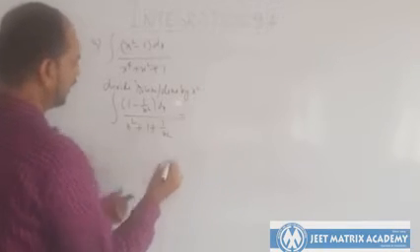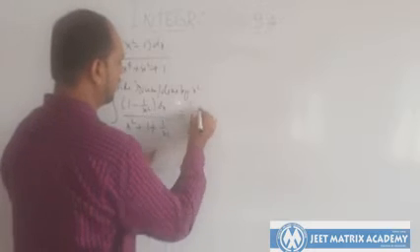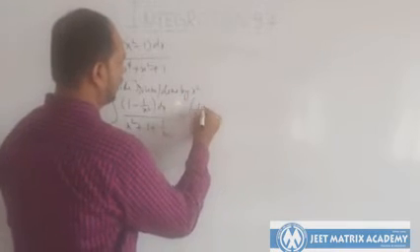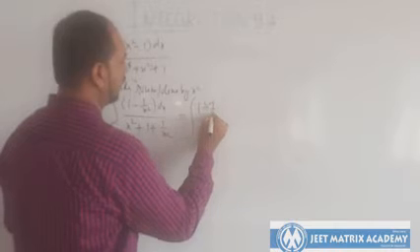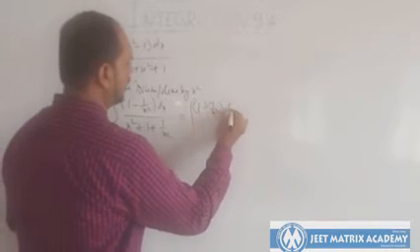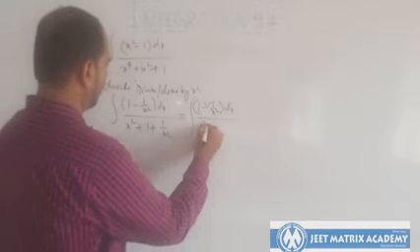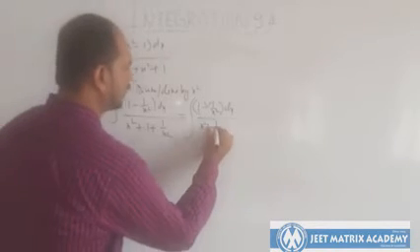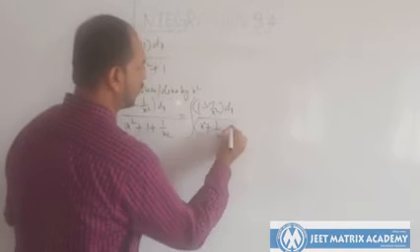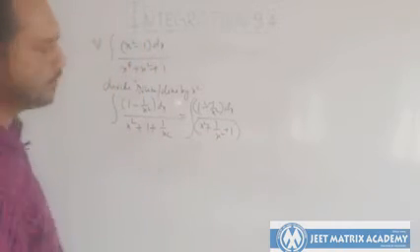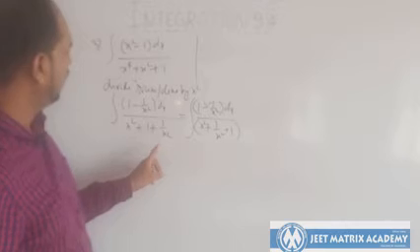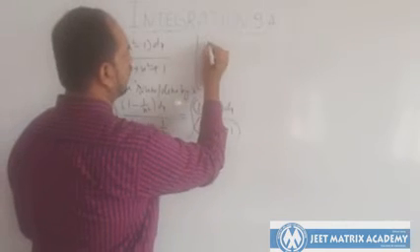Again I'll rewrite in the standard method, (1 minus 1 by x square) dx divided by x square plus 1 by x square plus 1. Now you substitute. So convert this denominator.